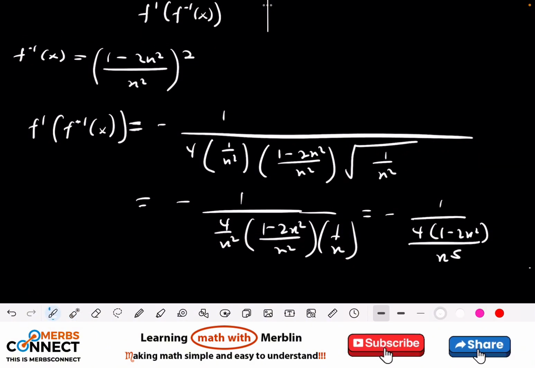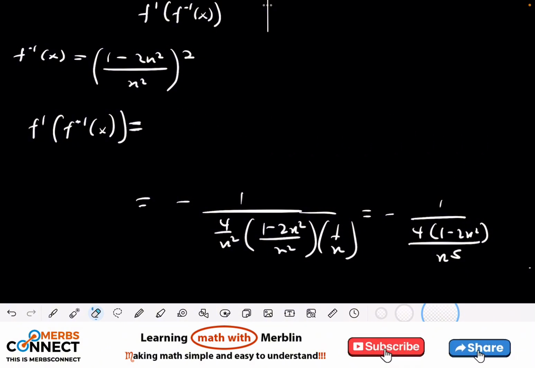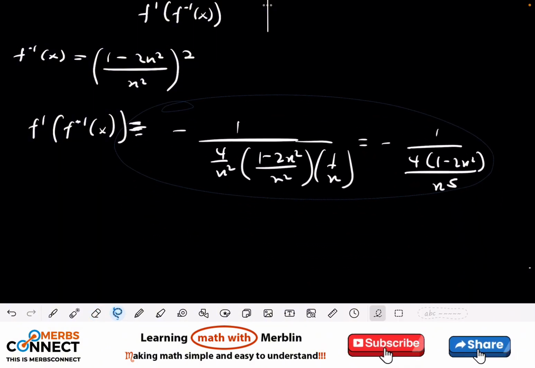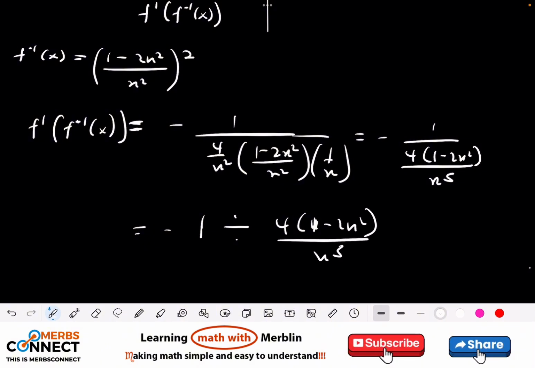And our final simplification from this is going to be -1 divided by 4 times 1 minus 2x squared divided by x to the power 5.